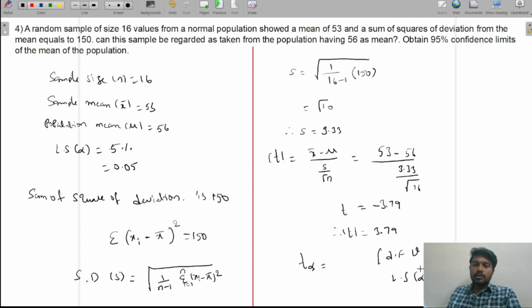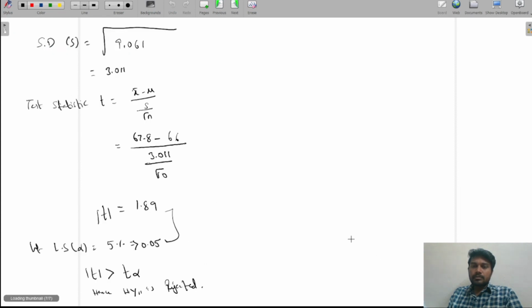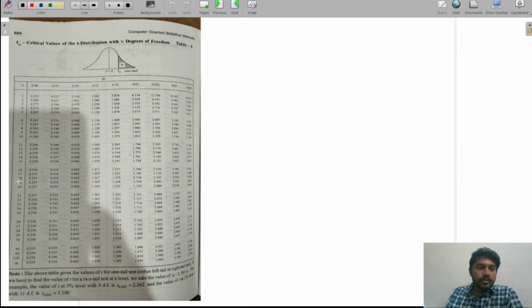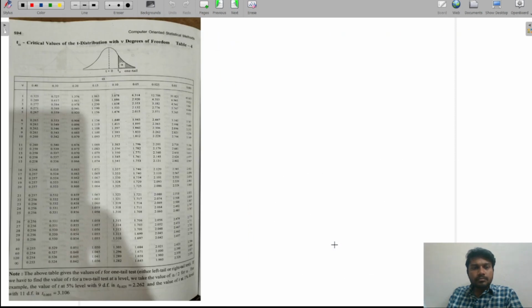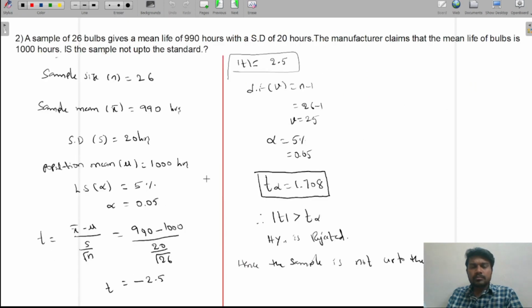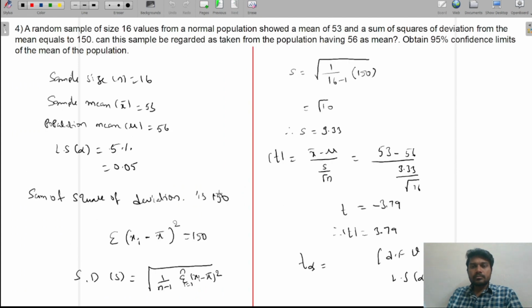Then the t alpha value between 15 and 0.05: see, 15 is here and 0.05 is here, then the combination of these two is 1.753. Okay, one point 753.